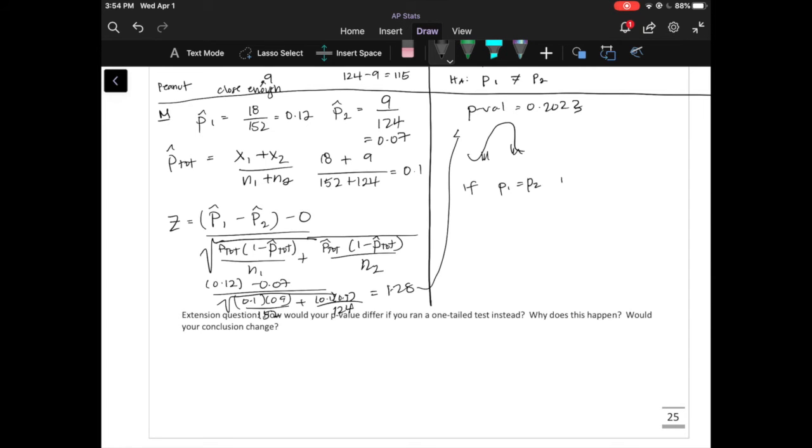So our conclusion: if p1 equals p2, then the probability of our sample difference or extreme, and we use "or more extreme" because we're doing p1 does not equal p2, is 20%.